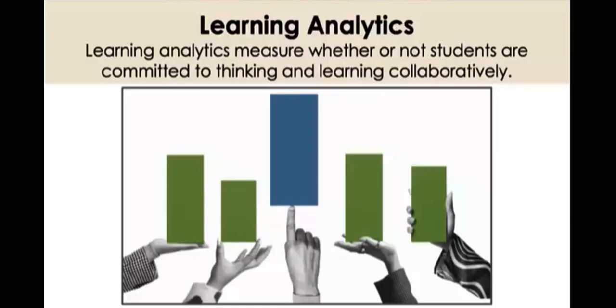Integration phase. Learning analytics measure whether or not students are committed to thinking and learning collaboratively. With this data, educators began to design lessons that incorporate opportunities to think collaboratively in a variety of technological learning environments.